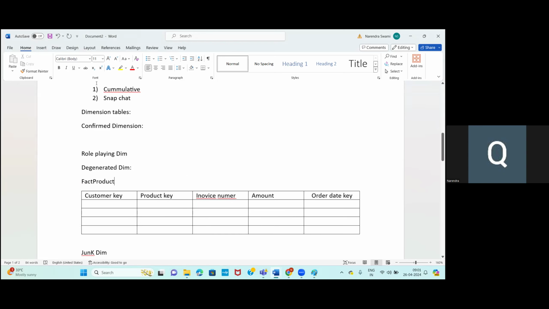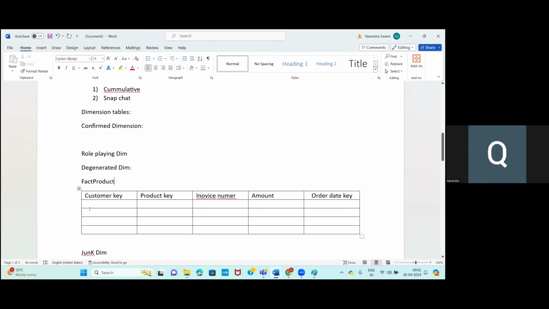So this invoice number is acting as a dimension key, a dimension table. Are we joining this fact table with another dimension table? No. Only using a particular column in this fact table, we derive. That is what it is called a degenerated dimension. The dimension is generated in the fact table, and by using that dimension we can derive something; that is called degenerated dimension.